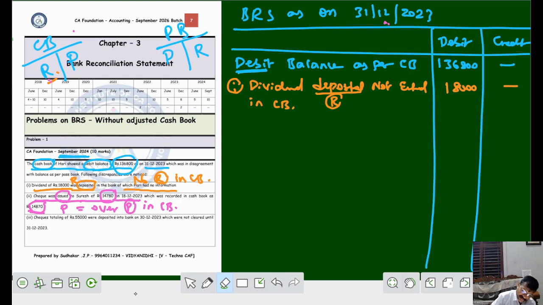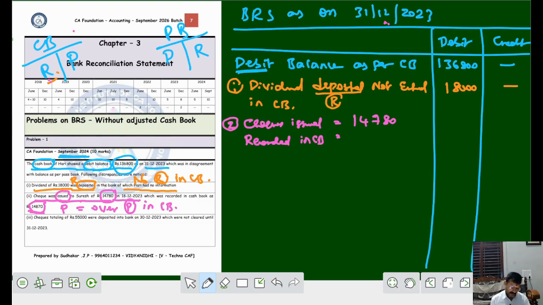How to write the entry for this? Checks issued, how much? 14,780. Recorded in CB. CB means cash book. How much did you record in the cash book? 14,870, right? How much more is it? 90 rupees more.